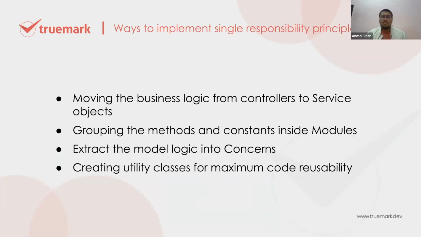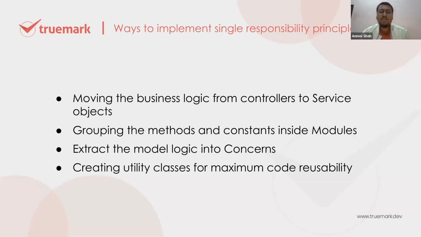All right, moving on. So how can we actually implement the single responsibility principle in Ruby? One way is to move the business logic from controllers to service objects. Service objects are nothing but plain old Ruby objects that are designed to execute one single action in a domain logic and do it well.